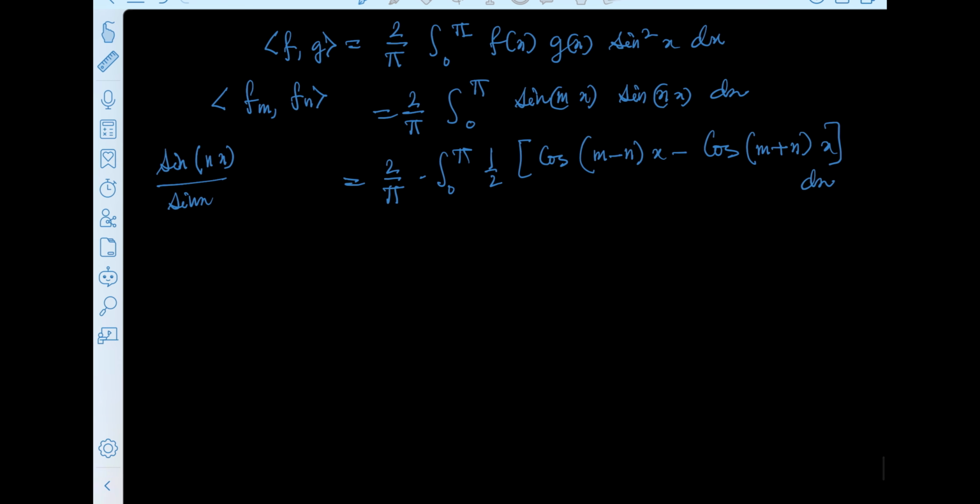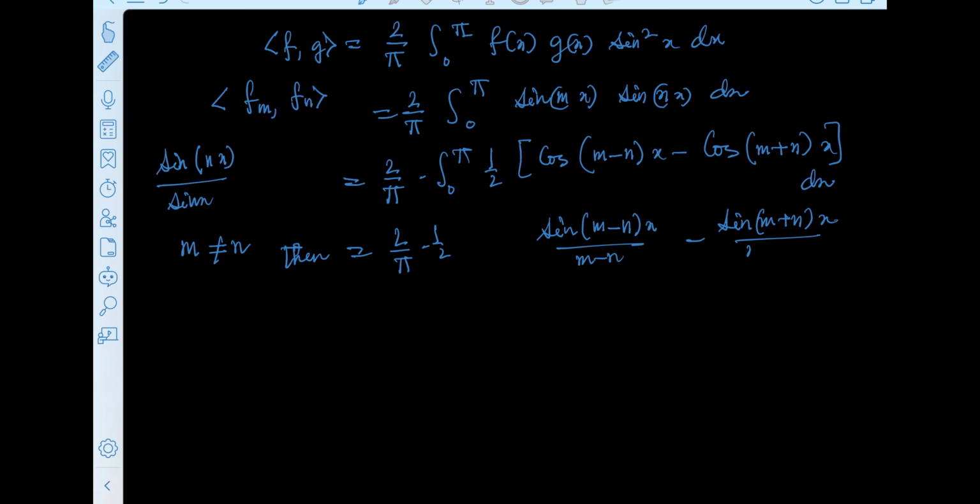We'll do it separately. So when m is not equal to n, then let us just integrate it: integral 0 to pi of sine (n minus m)x by (m minus n) minus sine (m plus n)x divided by (m plus n). And evaluating it from 0 to pi, we will have 0.